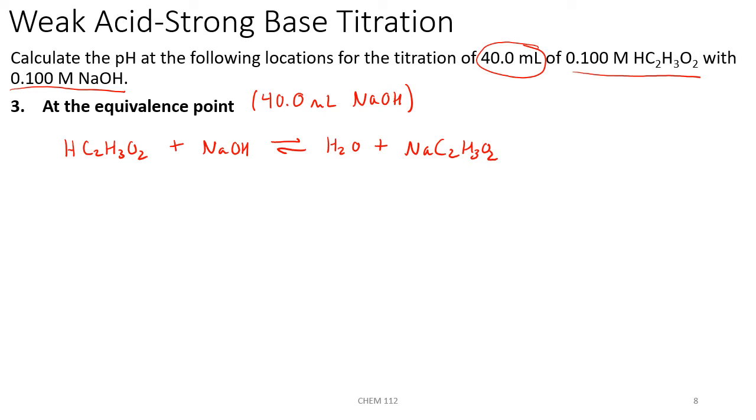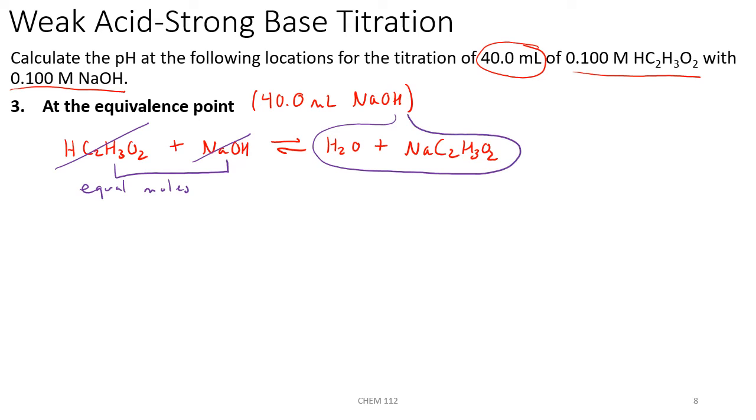But at the equivalence point, since both of these were equal moles, we've essentially neutralized all of our acetic acid, and the hydroxide ion is neutralized as well. So all that we really have present at the equivalence point in our flask is water and sodium acetate. Those are the only two things left over now.